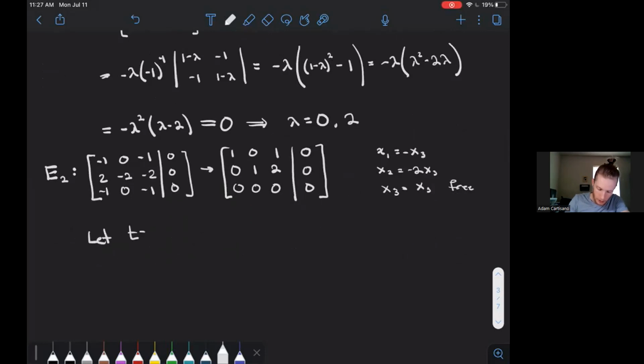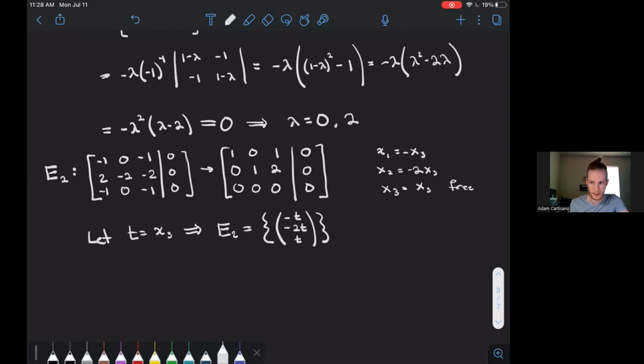If t equals x3 is our parameter, then E2 is the subspace of vectors of the form -t, -2t, t. That's the subspace itself, parameterized by this value t.